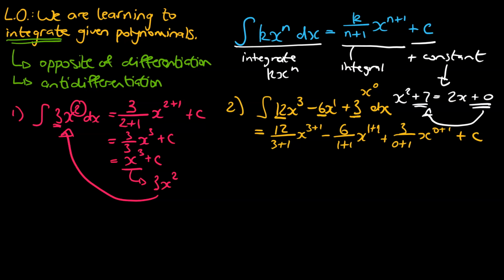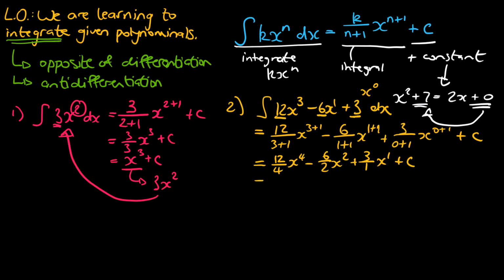Hopefully we can see the patterns being presented to us in integration, and it is a regular thing. So that first one becomes 12 over 4, x to the power of 4. We then minus 6 divided by 2, x to the power of 2. We then plus 3 over 1, x to the power of 1, and then we add c.